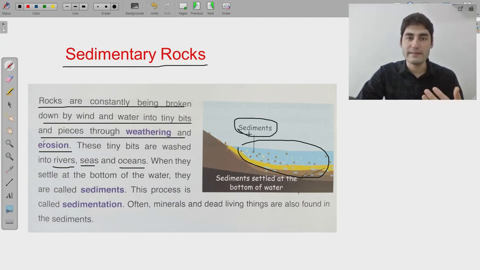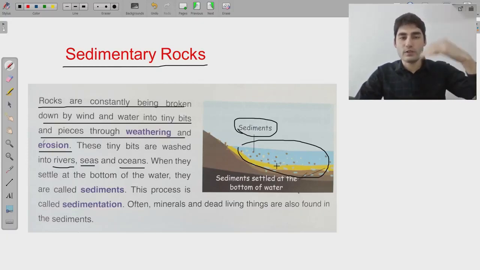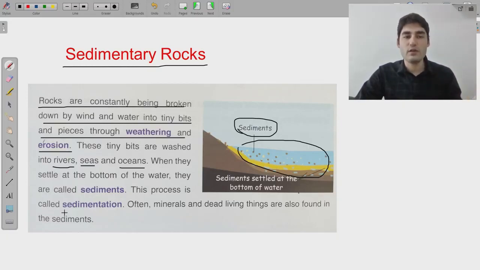You can repeat, sediments. And this whole process, when these stay at the bottom of the water, is called sedimentation. These are usually called sedimentary rocks.